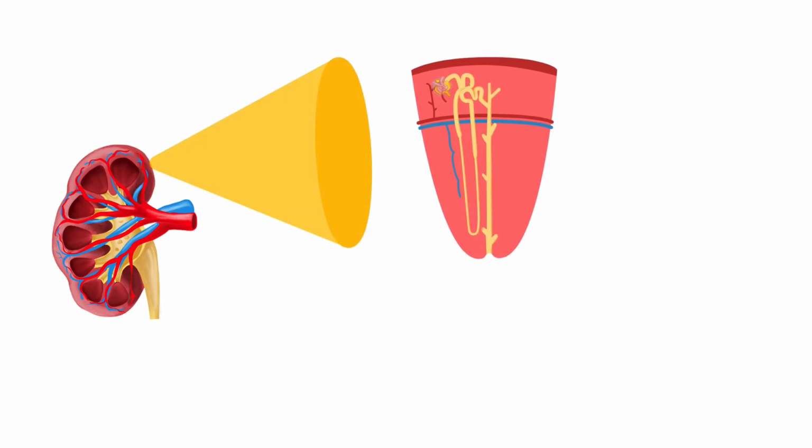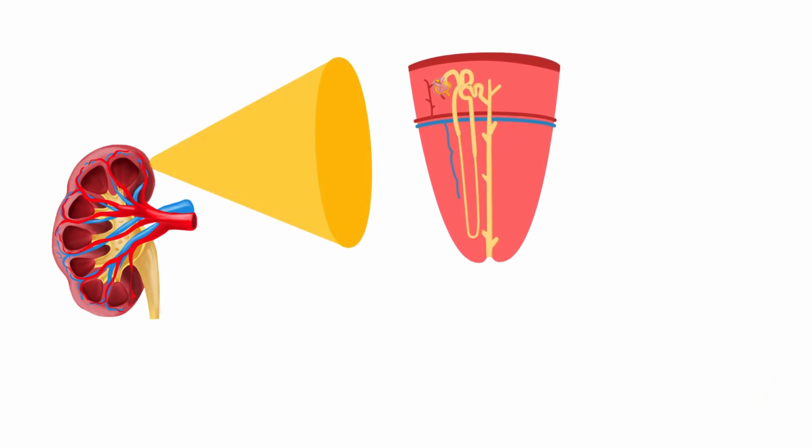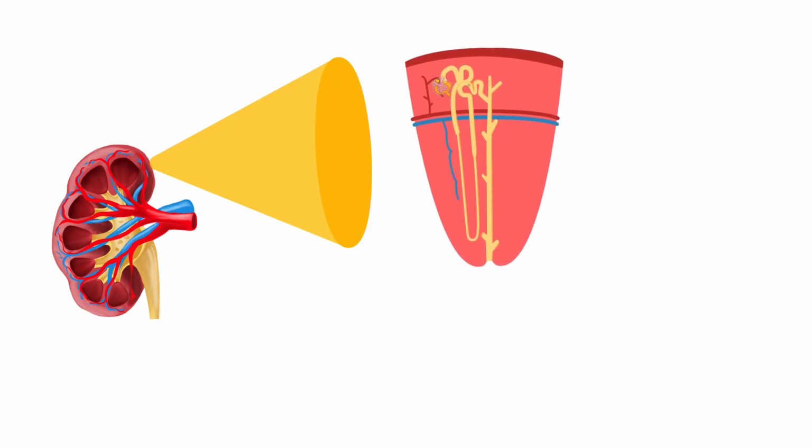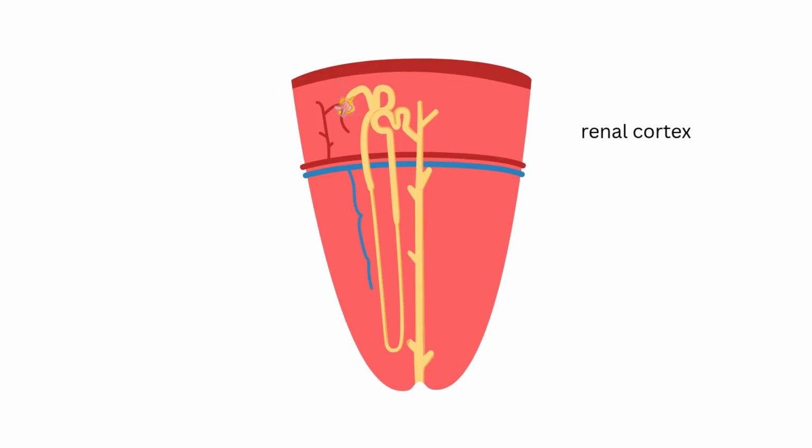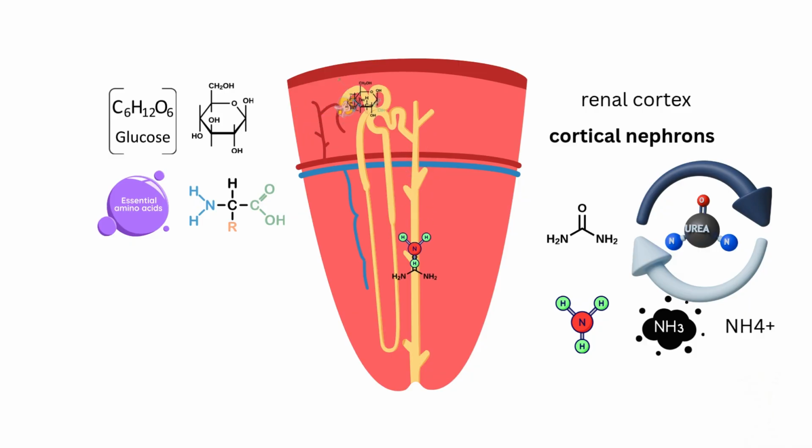Now, let's take a closer look at the microanatomy and the important role of essential renal functions. In the renal cortex lies most of our glomeruli and Bowman's capsules. The majority of nephrons are cortical nephrons, named so because they lie in the renal cortex.